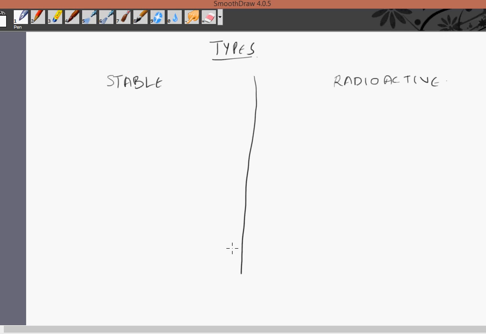So what do you mean by stable and radioactive isotope? Yes, stable are the medium, or say stable isotope of the element.